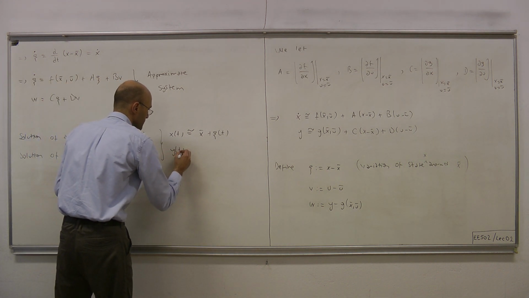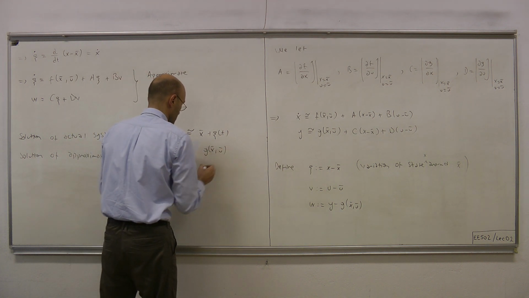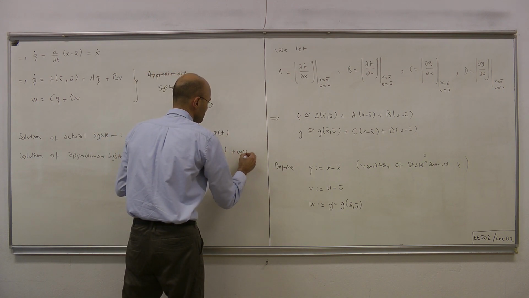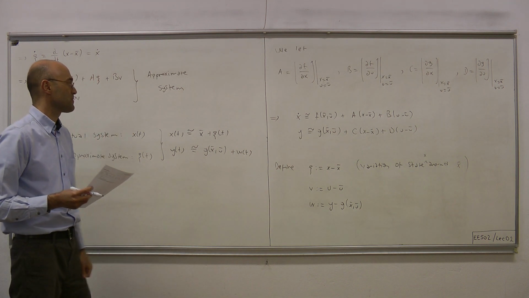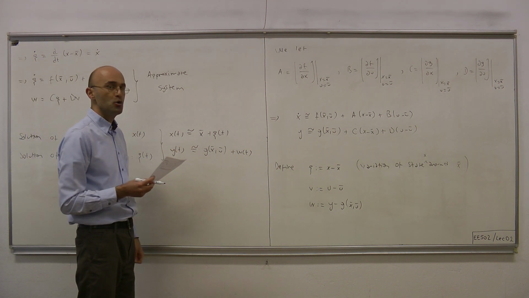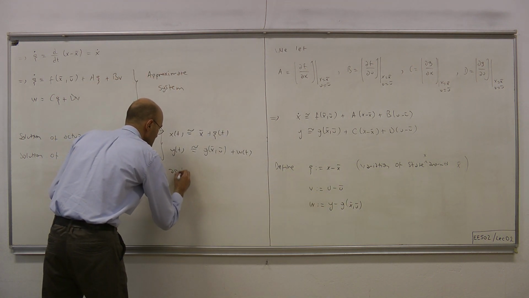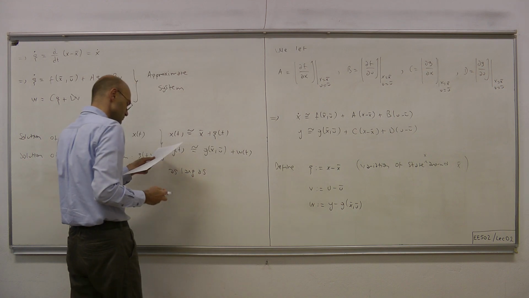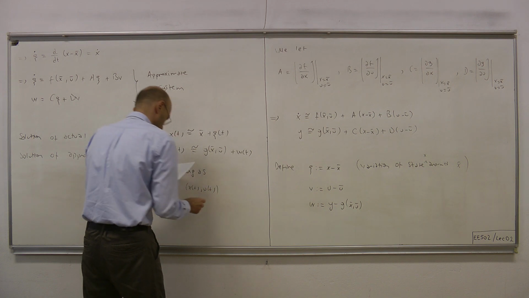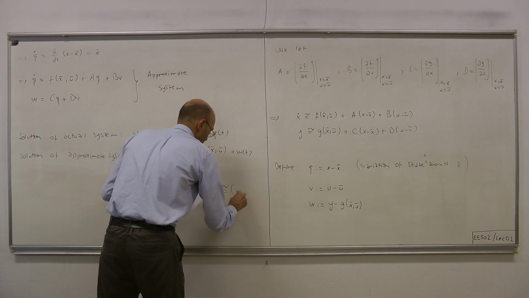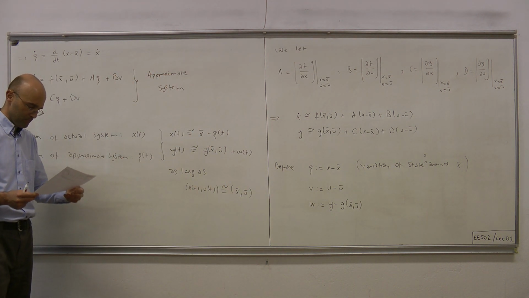And y of t approximately equals g of x bar, u bar plus w of t. And this approximation should be good in some sense, provided that x of t and u of t remain close to x bar and u bar.